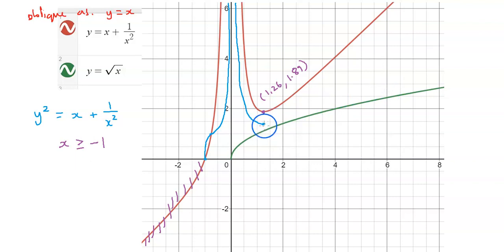So we still have a minimum down at this point, and we're going to come up a little bit, but as x gets larger and larger, we should get closer and closer to this y equals square root of x graph. And then we're pretty much done. All we've got to do now is reflect it about the x-axis.